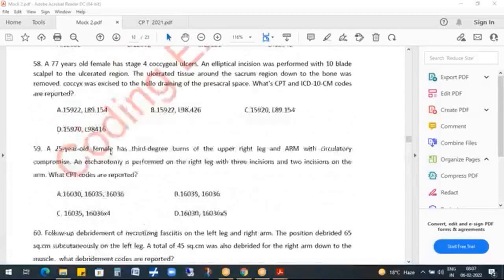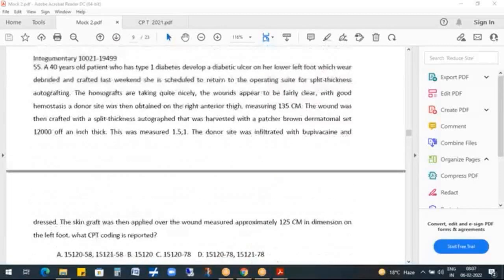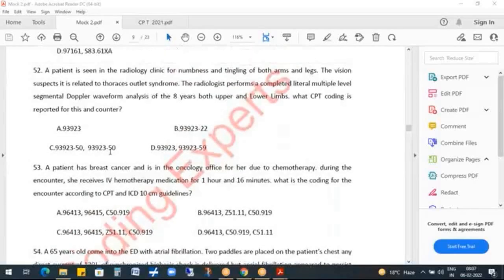52. What's your doubt here? The physician suspects it, modify 50 and 59, sir. Bilateral procedures, 59. Why did we code 59? That is your doubt? Yes, sir.